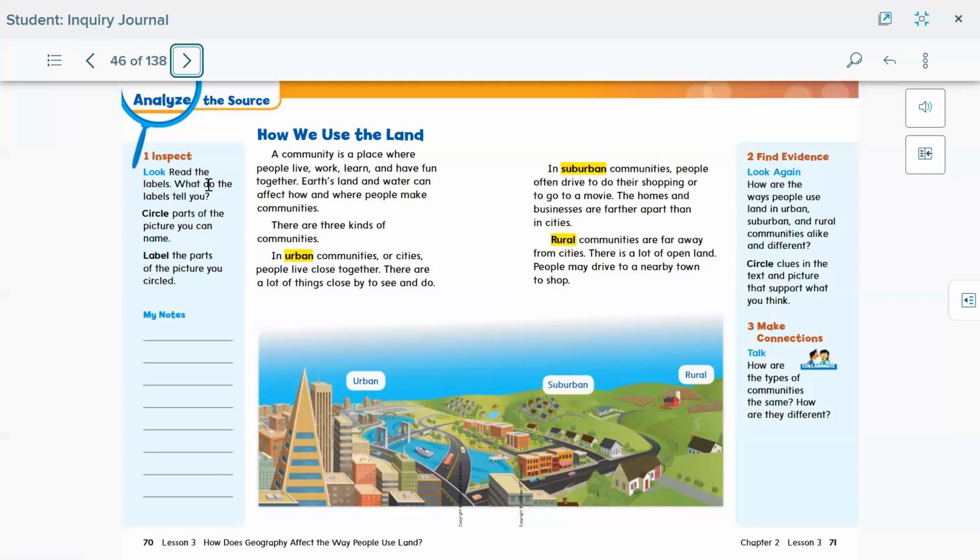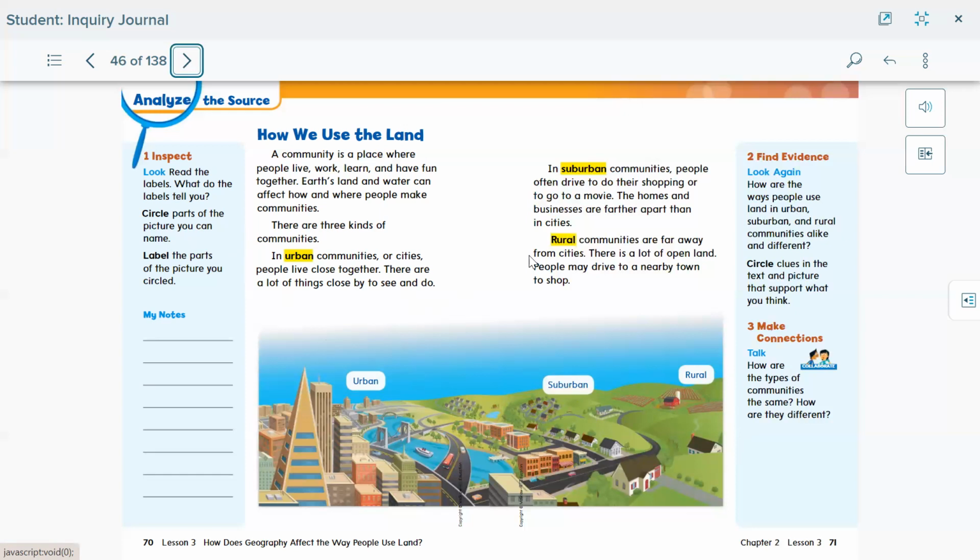All right, look, read the labels. What do the labels tell you? So what do you think this label, how we use land, tells us? It showed me that there are different lands, different types of lands. Circle part of the picture you can name. So we have the three labels or three pictures.